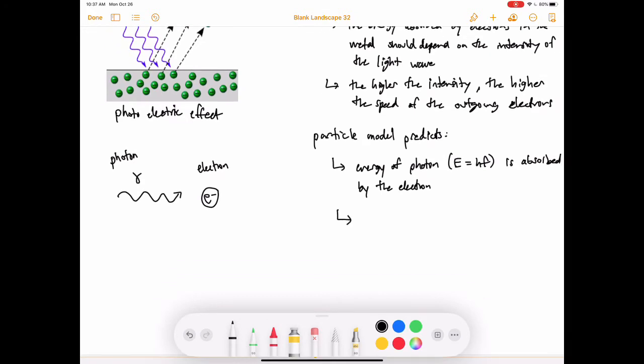So if that energy, hf, is big enough, if it's greater than or equal to some minimum energy, then the electron will be ejected. And if not, the electron will remain in the metal.